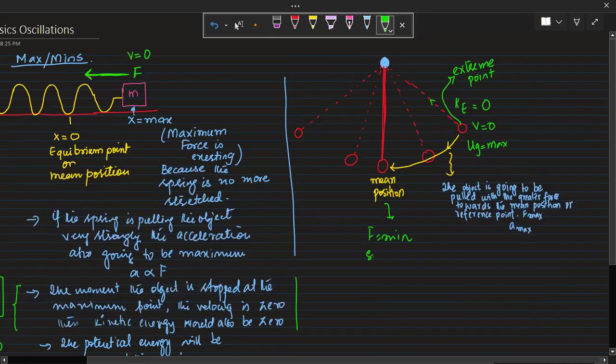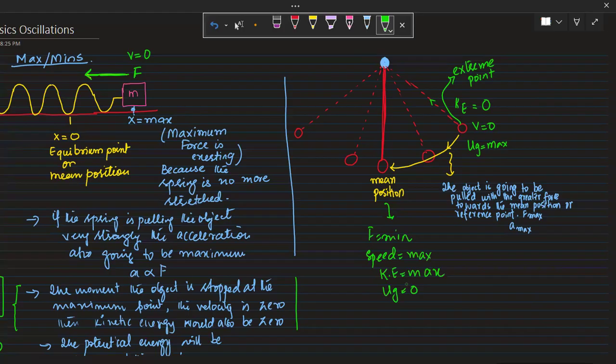Therefore, the kinetic energy would also become maximum. Clear? And the potential energy is going to be zero because it is just close to the ground and having the greatest speed. So all potential energy converts to kinetic energy, right?